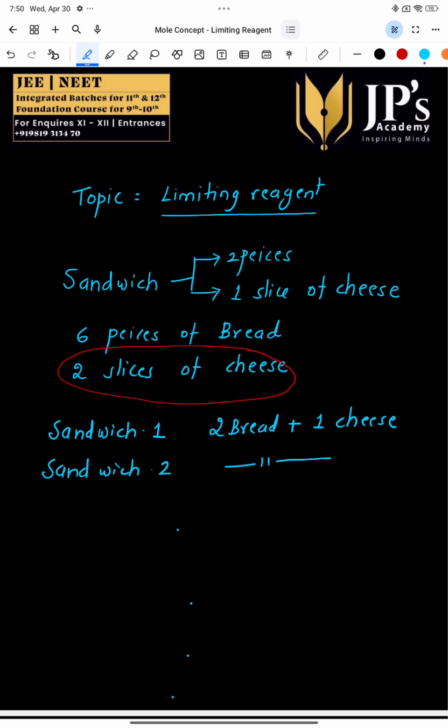However, there is no cheese available for the third sandwich. And hence, cheese over here is our limiting reagent.